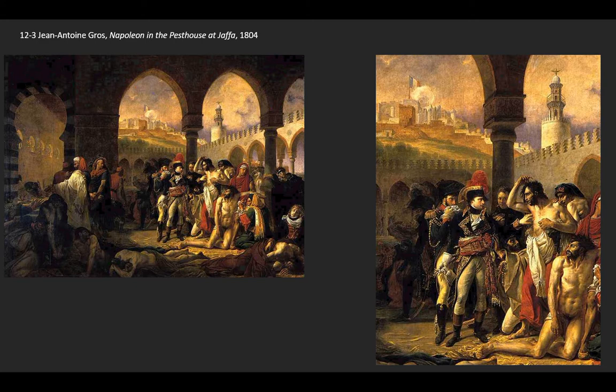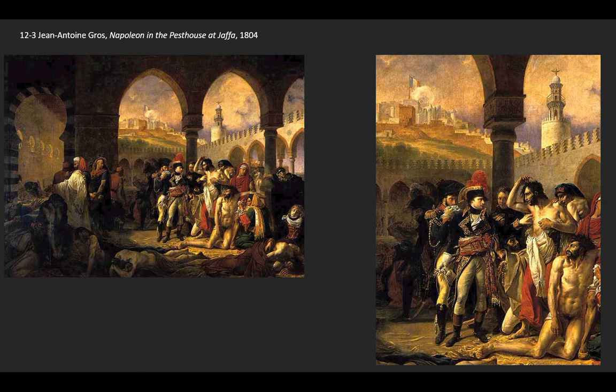We're in the courtyard of the mosque here, which has been converted into a hospital for the military dead. But Napoleon's forces have slaughtered the inhabitants, raised their flag. And while this took place, among Napoleon's own troops, the plague broke out.